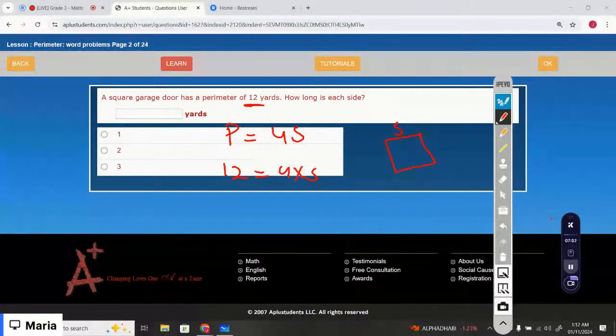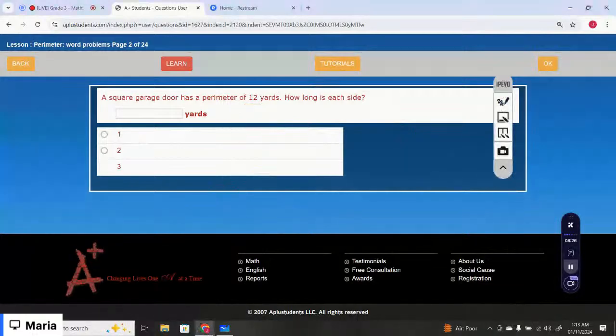So which is the correct option? You need to divide both sides by 4. So S equals 3. That means the length of one side is 3 yards. The correct option is 3. Very good. Option number 3 is the correct option.